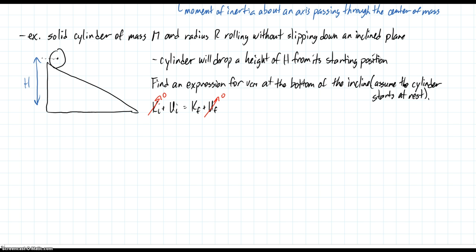There's both the translational kinetic energy, 1/2 mv squared, and the rotational kinetic energy, 1/2 I omega squared. So we have our initial potential energy, mgh, that equals 1/2 mv squared plus 1/2 I omega squared.